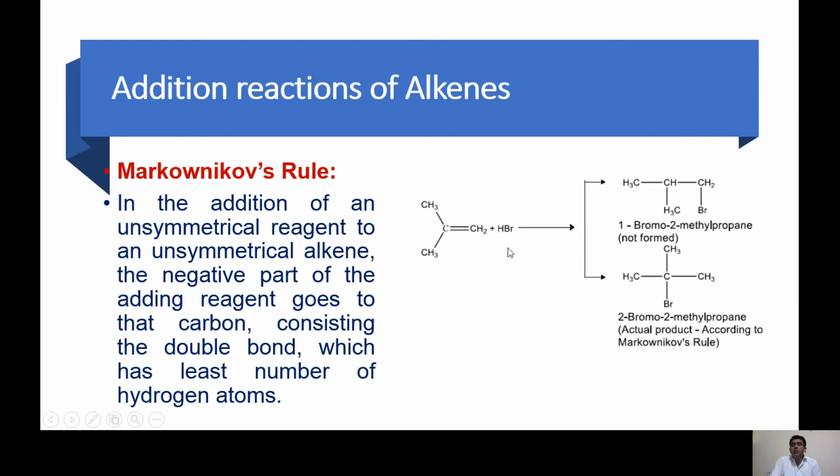It means by the addition of HBr to the unsymmetrical alkene, there are two possibilities. Then we have to decide which one will be the major product. So there is a very, very important rule in organic chemistry, and that rule is called Markovnikov's rule.